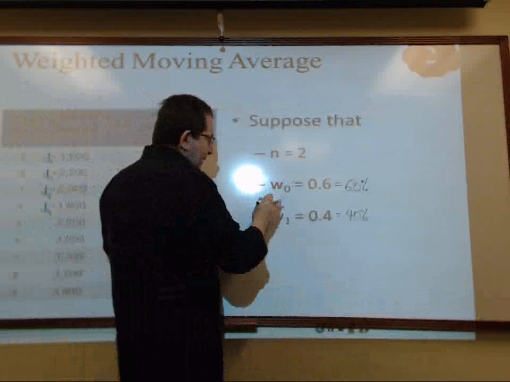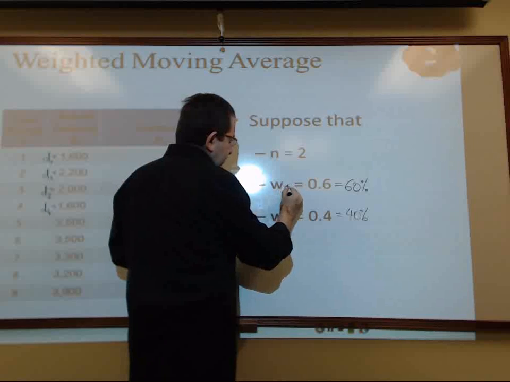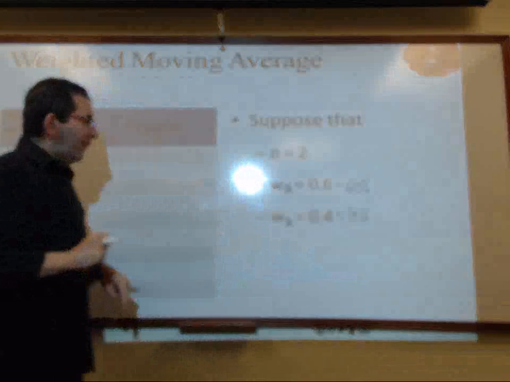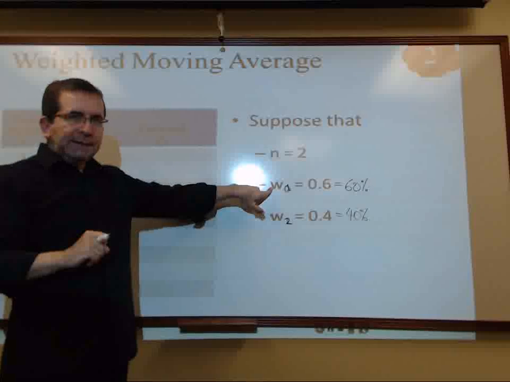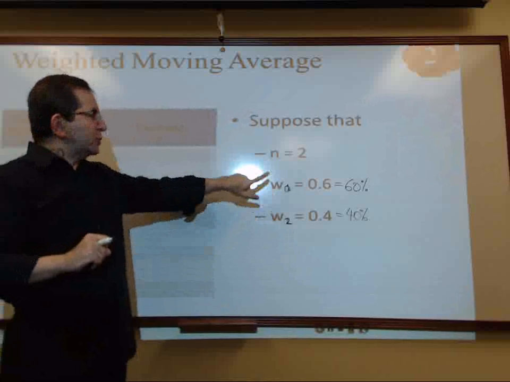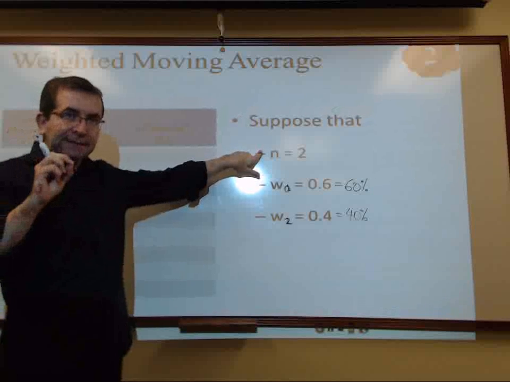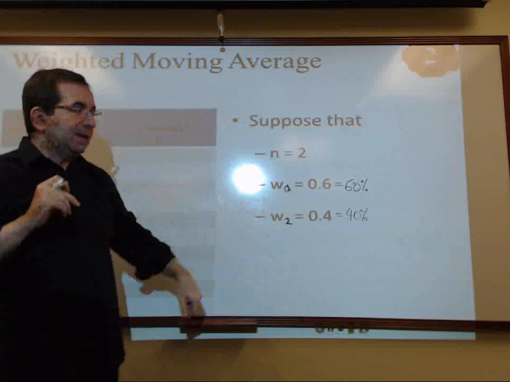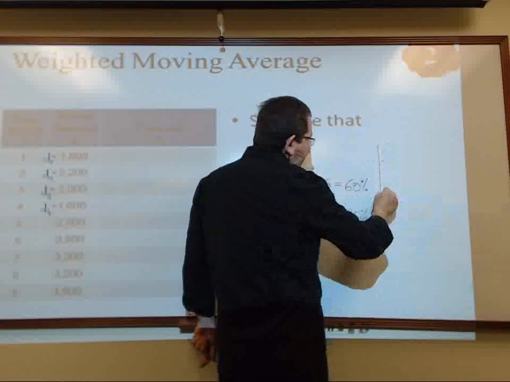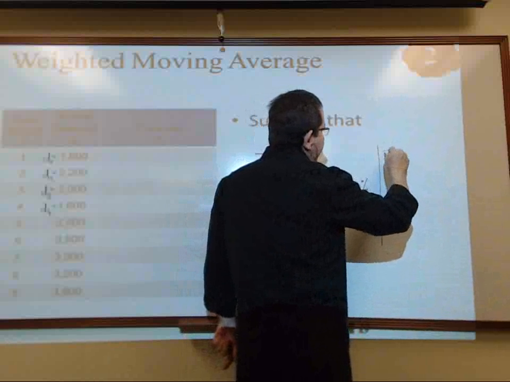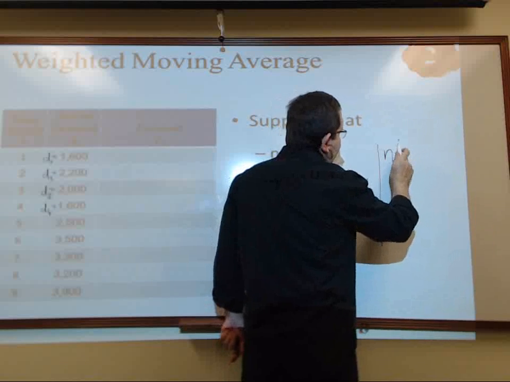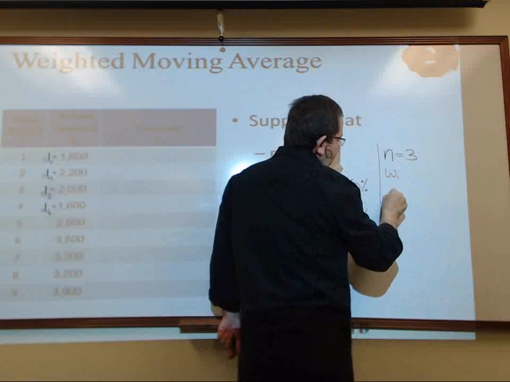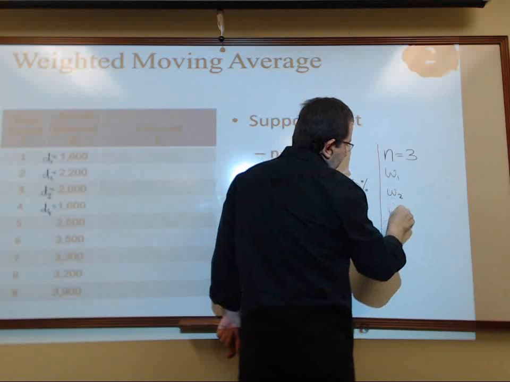I would prefer to use these as follows: W1 and W2. So we're going to use 2 periods, and for each period I need a weight. For example, if I use 3 periods, I would need 3 weights. So if n equals 3, I would need W1, W2, W3.